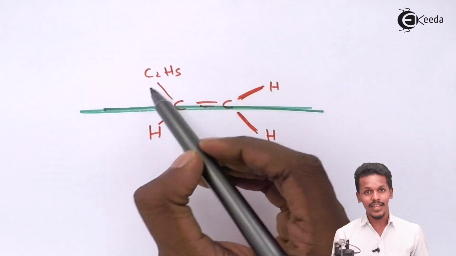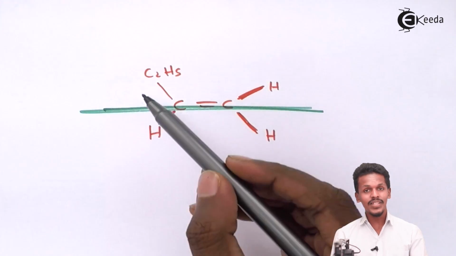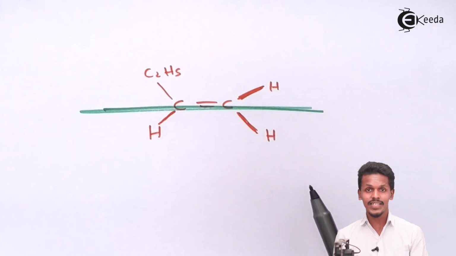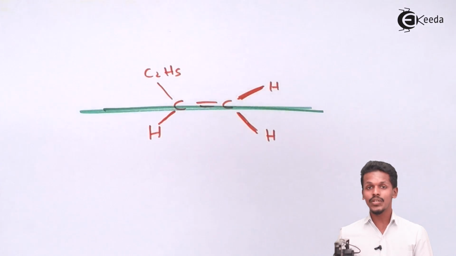But what about the C2H5? The C2H5 is on one side, but on the other side there is no C2H5 group present. So that's the reason this will not show cis-trans isomerism, and the first one is not showing cis-trans isomerism.